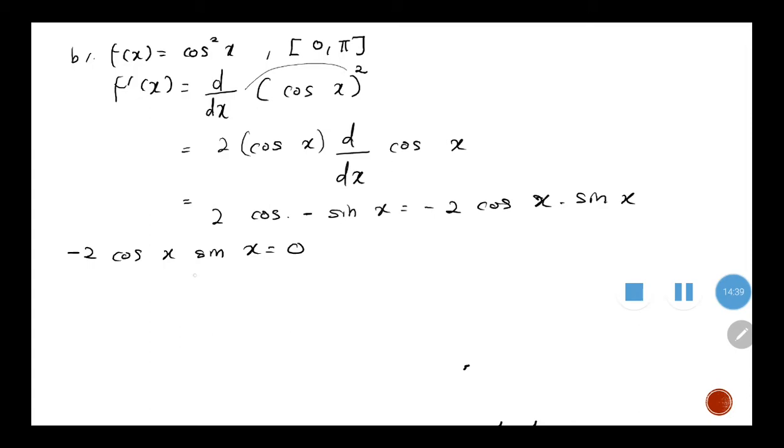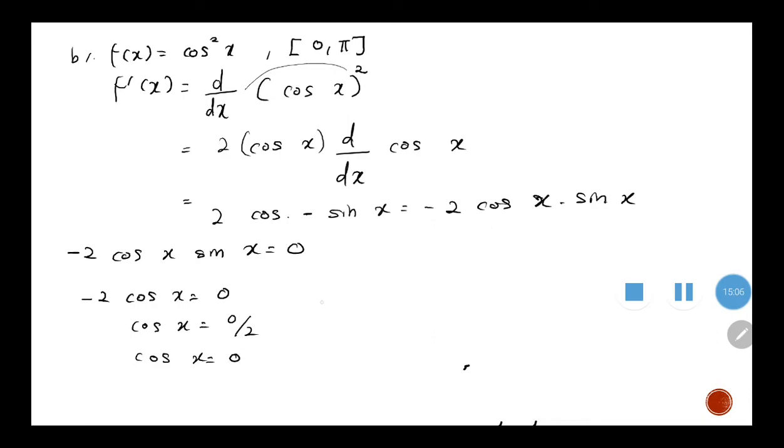So now we can segregate this equation into two parts. First we do the minus 2 cos x equal to 0. So cos x is equal to 0 over 2, which is 0 back. Okay, you will get 0.